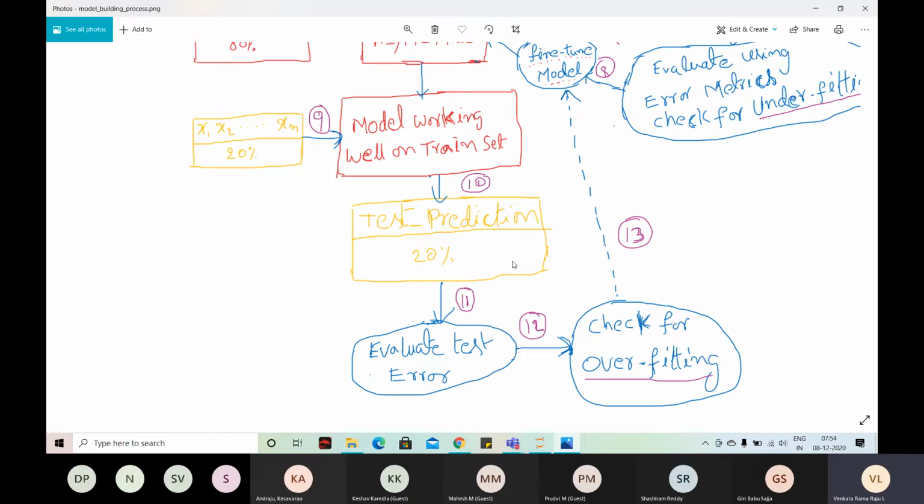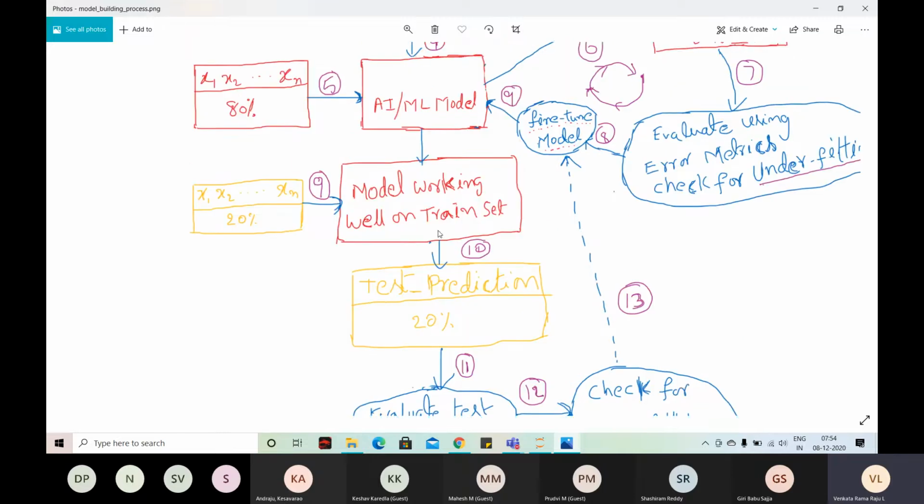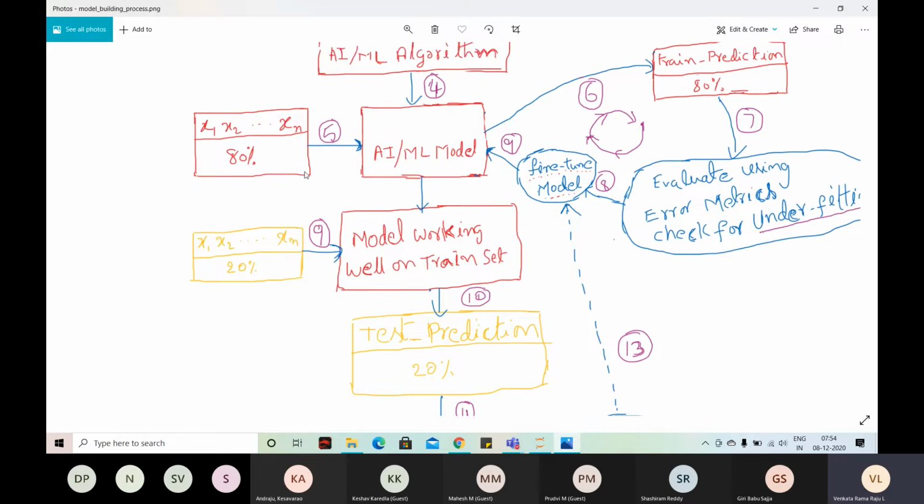You made predictions and got prices, but you don't know whether they are right or wrong, or how much error there is in your prediction. Until the 100 houses are sold, you will not be able to assess whether the model is working or not. That is one problem we are trying to solve by taking the test set aside.